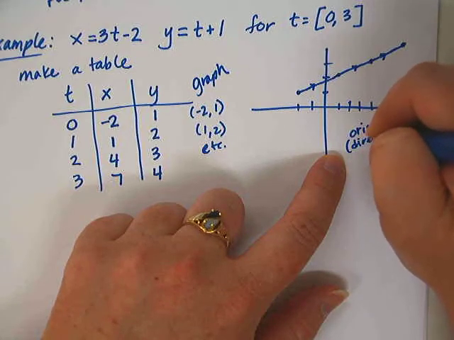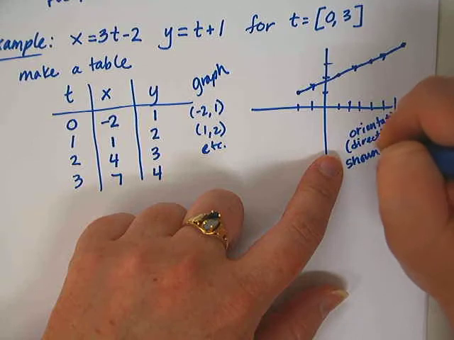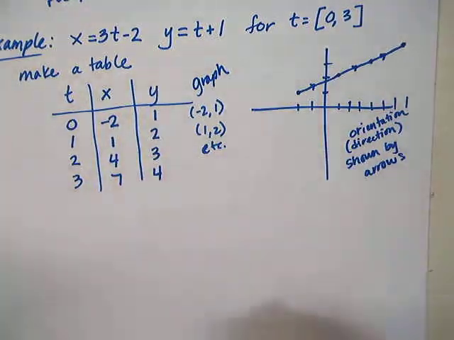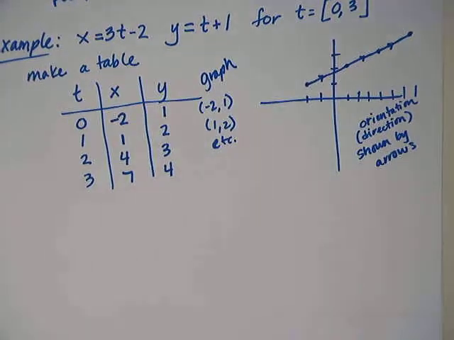So if a problem asks you to show the orientation, it would be by putting arrows in. So I'll just put a note of that. Orientation, which is direction, shown by arrows. So t was just a parameter, just a guideline.